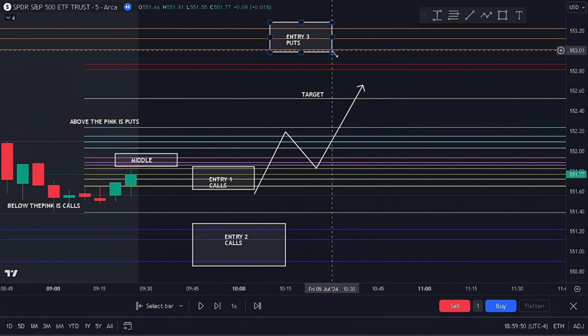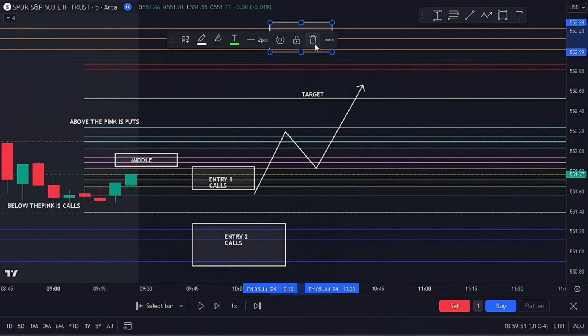Disregard this orange entry zone. We only want what's under the pink. The yellows and the purples. Entry 1, entry 2. Okay? Below the pink is always going to be calls. All right?